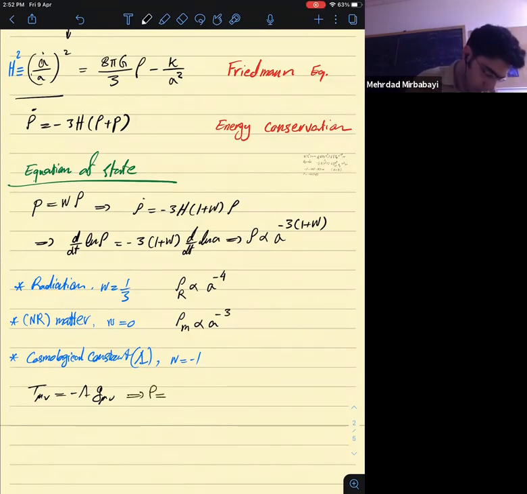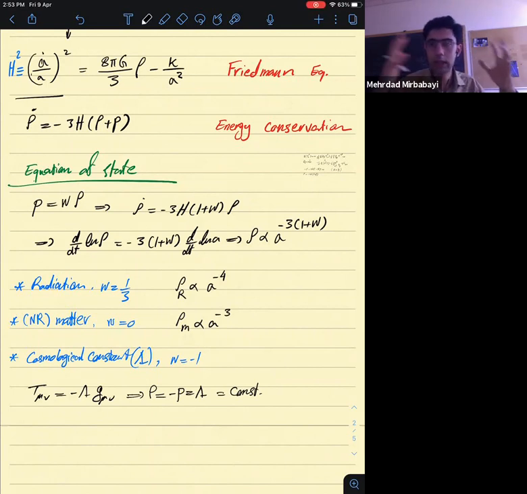So rho is equal to minus P is equal to lambda, which means that W is equal to -1. And of course, this is constant. So it doesn't change with the scale factor.